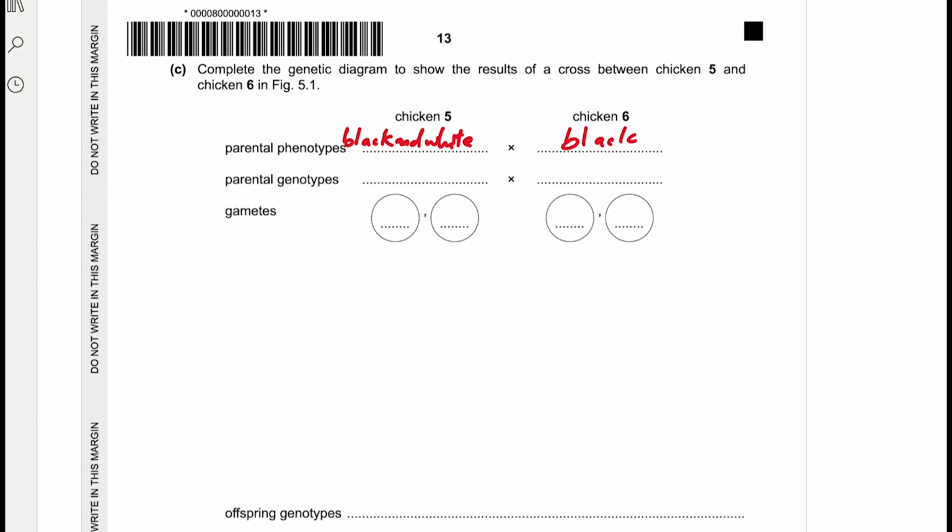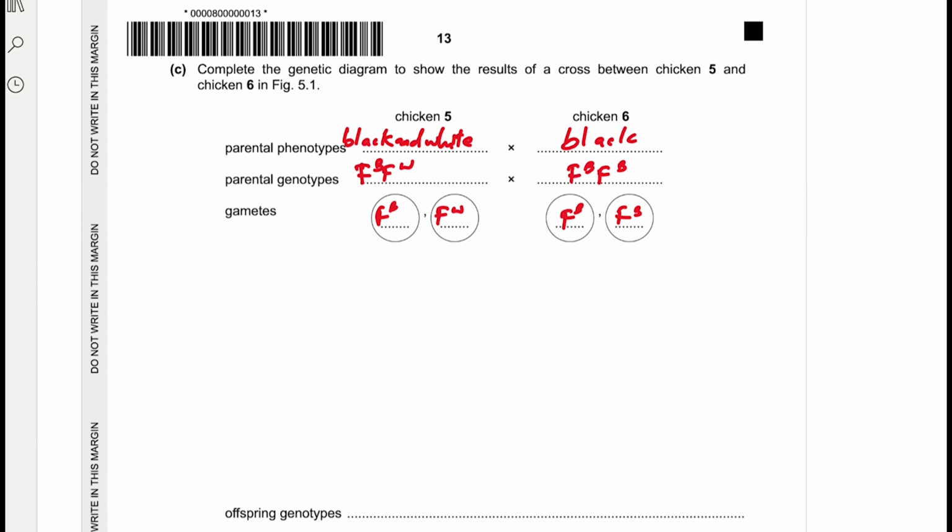Now if we are to write the genotypes, this will be black and white, while this one here will be black. So the gametes will be black, white, while the gametes here will be black.